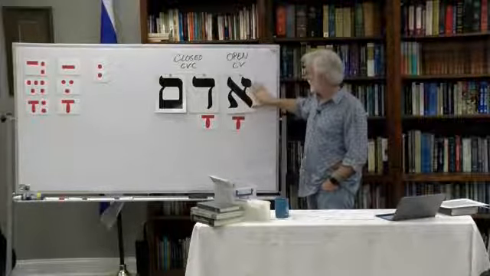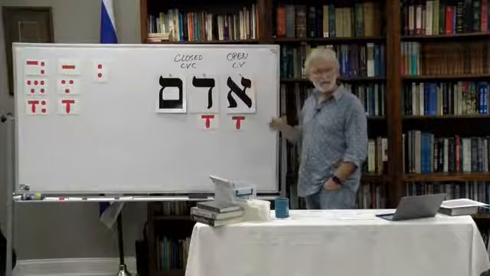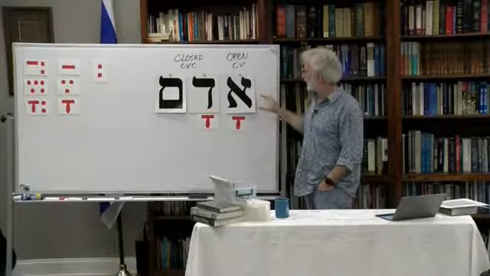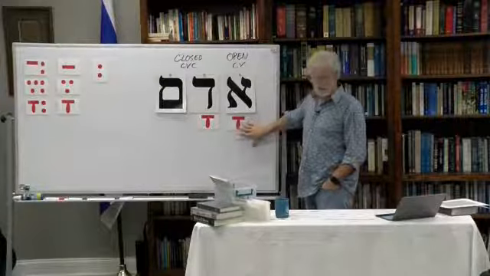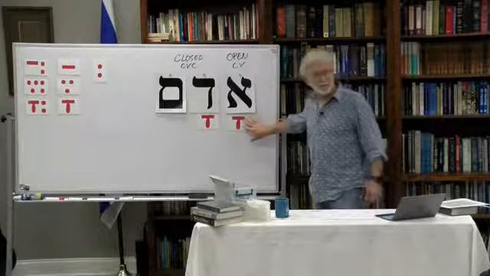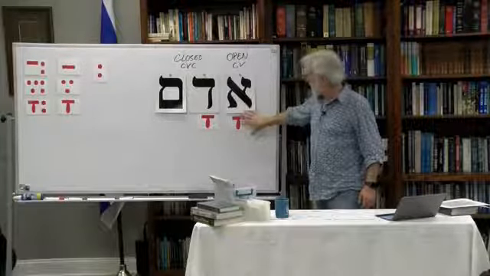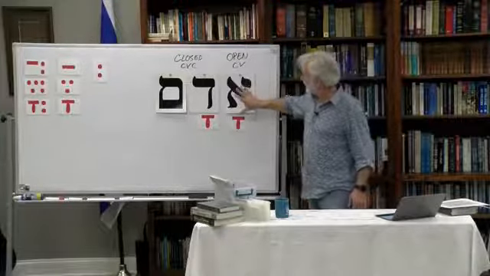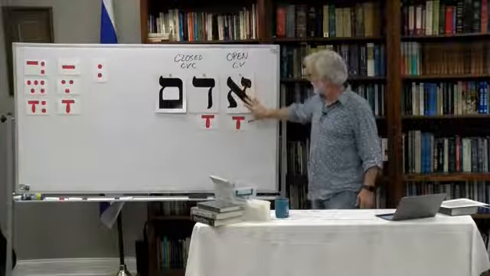Remember, the consonant, aleph, doesn't have an assigned vocalic power in and of itself, but when the vowel is attached to it, and you can look at your chart and see that this is the chametz, okay? So it takes that vowel sound, so this is an open syllable, right? Because it has a consonant and a vowel.